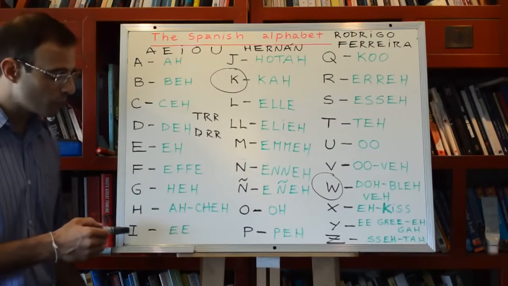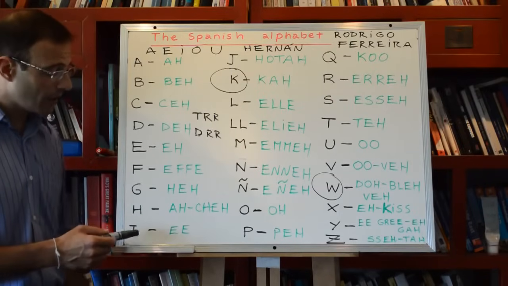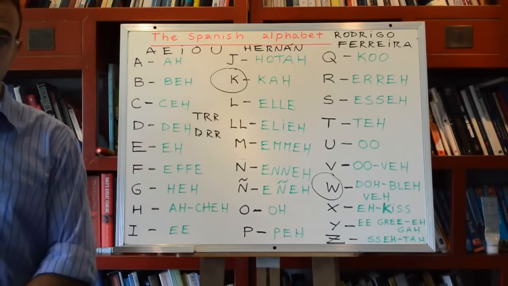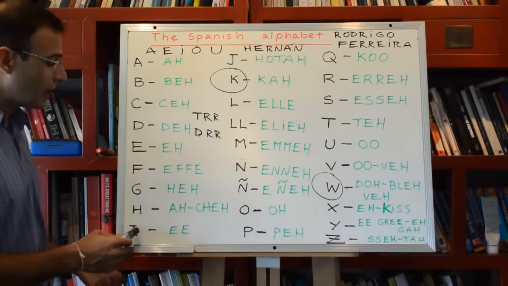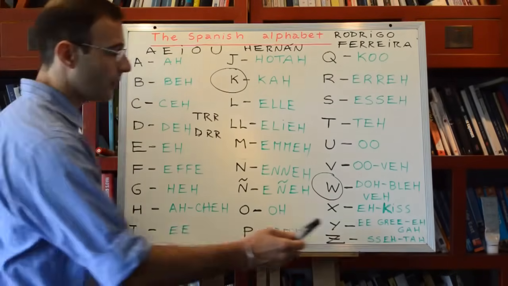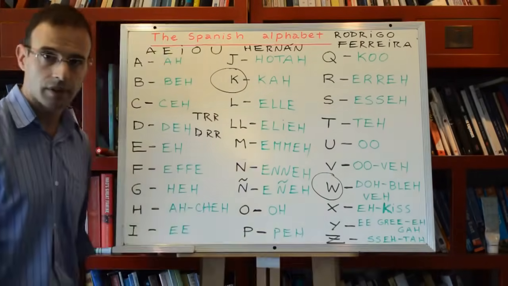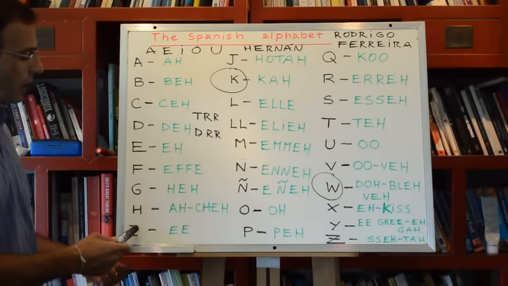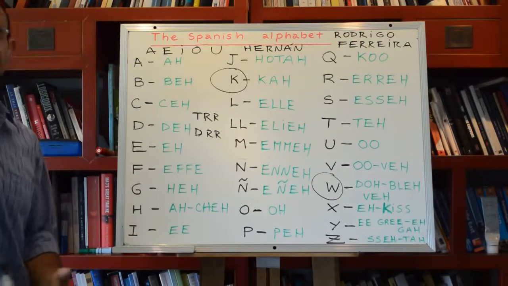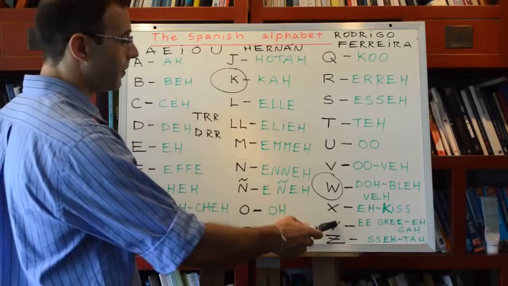Because what in English we call I is actually the Latin I. Okay, so this is Latin I and this is Greek I. In Spanish, I Latina, or simply I, and this is Y.